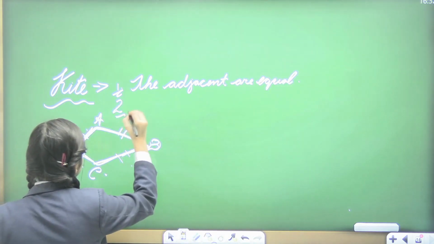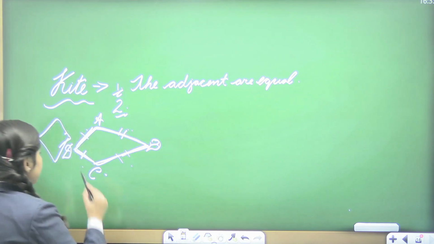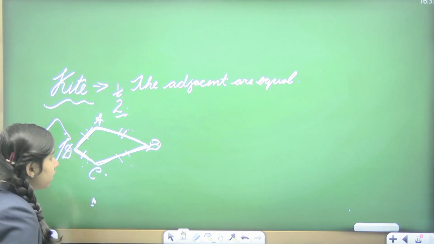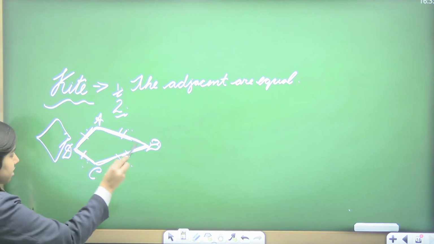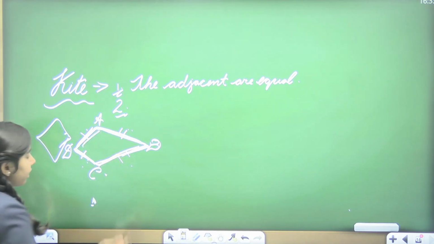Second point is that the opposite sides, like this and this and this, they are parallel.